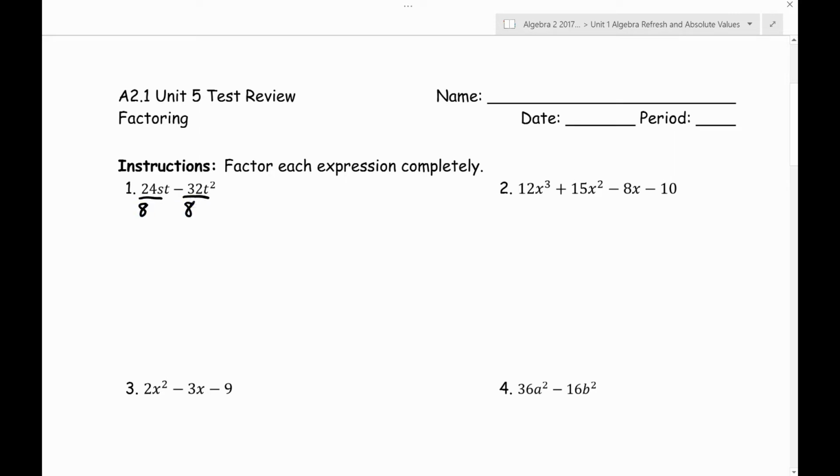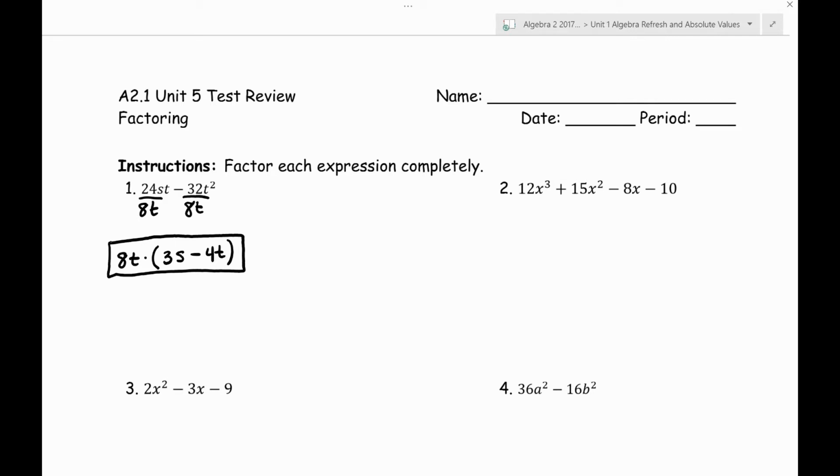Now I'm looking at S. I don't see any variable S in both terms, but I do see a T that I can take out, so I'm going to take out a T as well. So I'm going to say my GCD times 3S minus 4t is my factored expression. Okay, so in this case all I was able to do is take out a GCD.